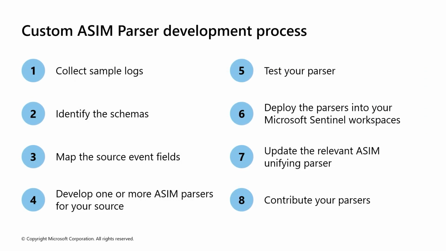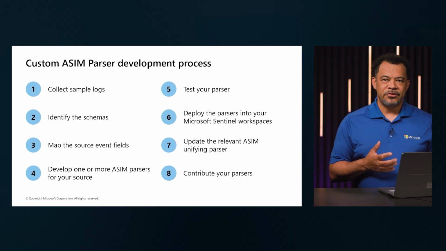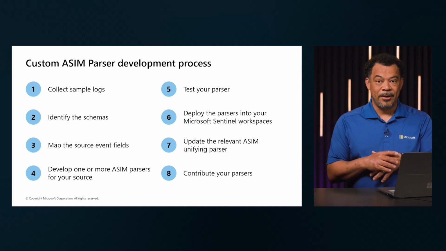Here is the custom ASIM parser development process. Start by collecting sample logs to understand the structure and content of the data you're working with. Once you have a clear view of the data, identify the appropriate ASIM schema that aligns with the use case. Map the fields from your source events to the fields defined in the schema.